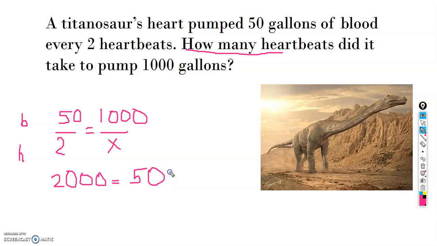We'll divide by the odd man out, which is of course 50. Divide by 50. I'm going to do it on my calculator so I don't make any mistakes. And I got 40. So 40 equals x. It'll take 40 heartbeats to pump 1,000 gallons.